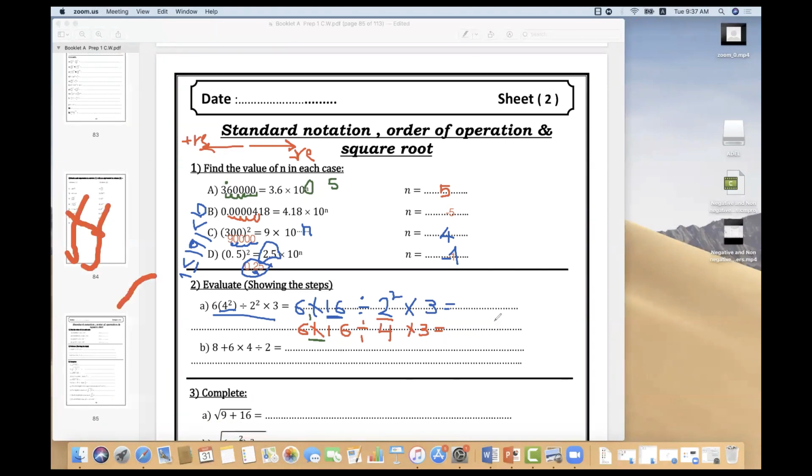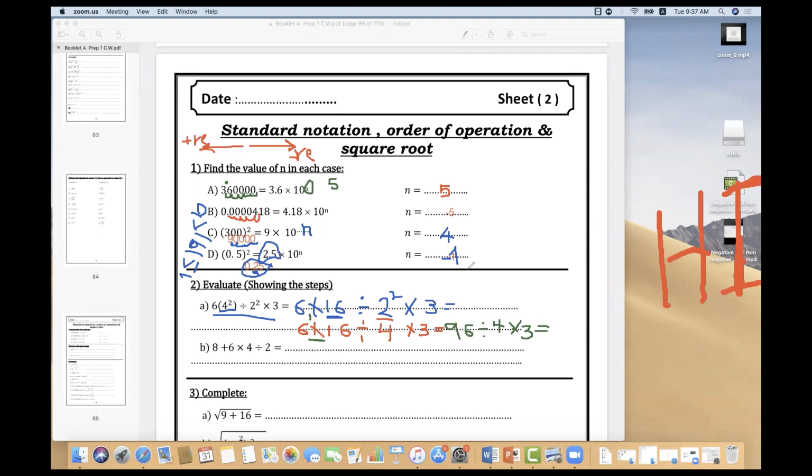After that, we do the divide by 4. Will it be divided by 12? No, I have 4 times 3 equal 12. You have to know that.